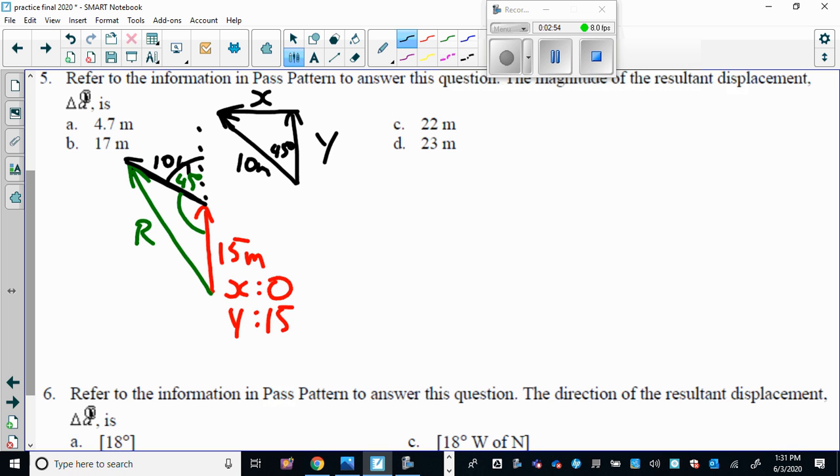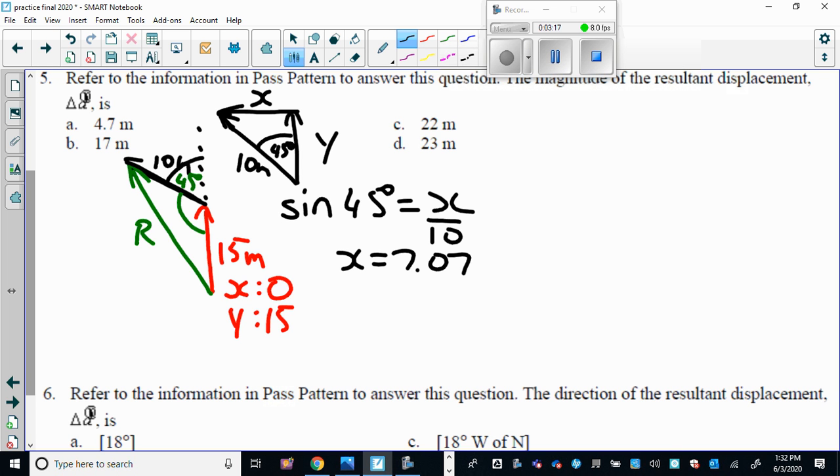Again, this question is made easier by the fact that it's 45 degrees, because in a 45-degree right-angle triangle, x and y, the two legs of the triangle, are always the same. So let's say we're calculating x. We would use sine of 45 equals x over 10, and therefore x equals 7.07. And then we use cosine to find y, but since it's 45 degrees, we know that it must also be 7.07.